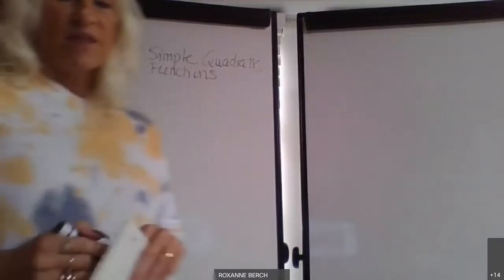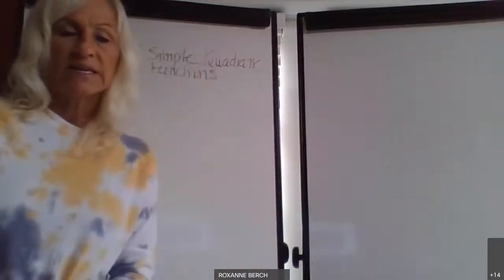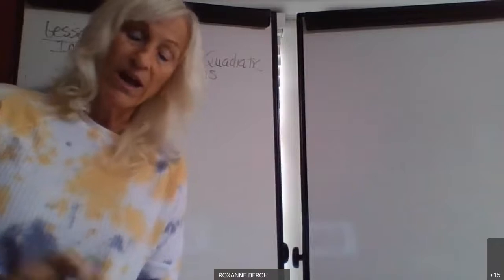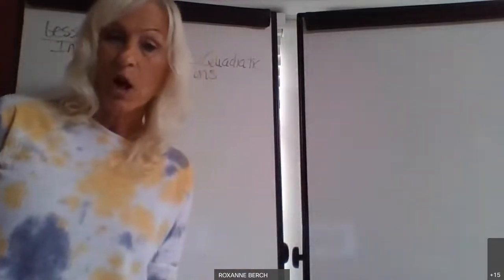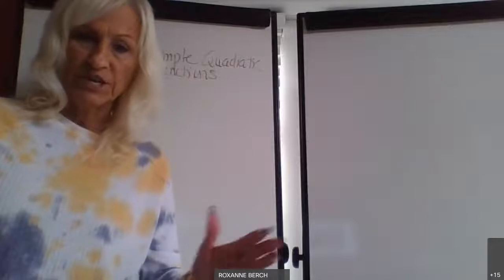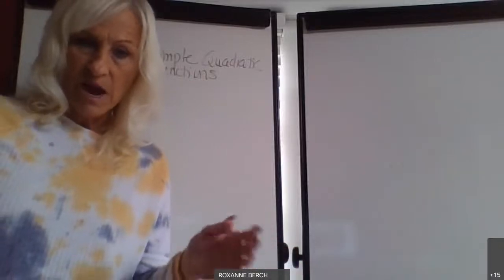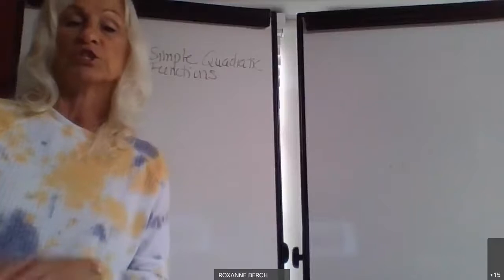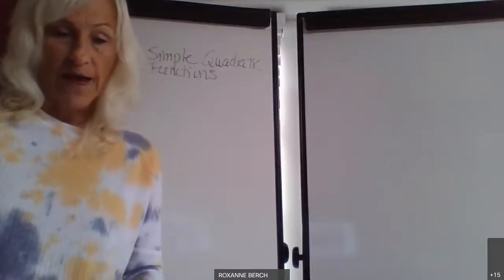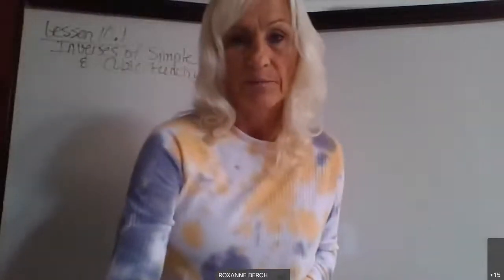We're doing a lot of things that we've already done, but it's a lot of work. We're going to find the inverse. We're going to verify; remember, we verified inverses by composition, f of g of x and g of f of x. Then you're going to be required to graph both the function and the inverse, and we're going to use transformations for that.